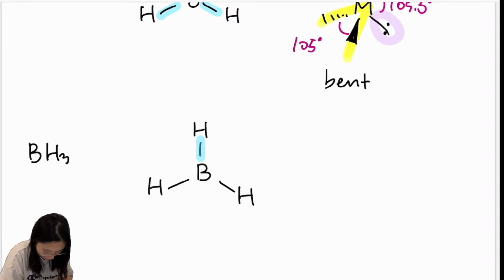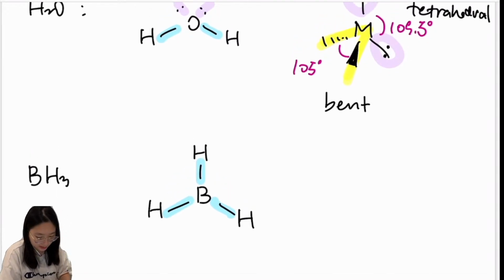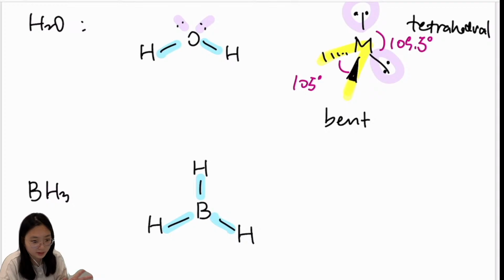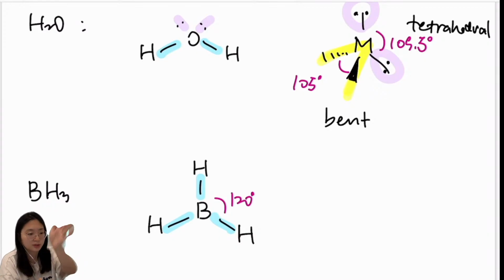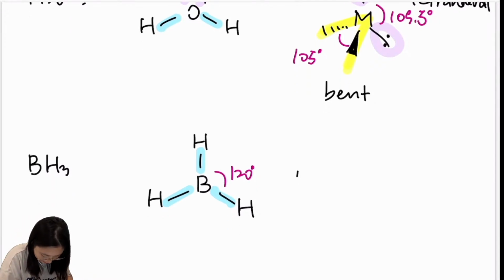It has 1, 2, 3 bonding pairs, and boron does not have any lone pair electrons. So it's 3 electron pairs, and when they repel each other, they are furthest away from each other, and the bond angle is 120 degrees. They're on the same plane, 120, 120, 120 away from each other. This is trigonal planar.